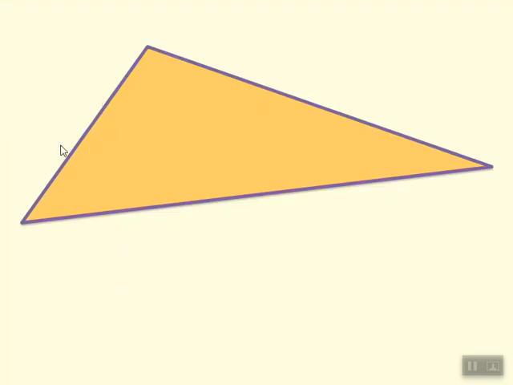Let's say, for example, I want to work out how long this side here is in the triangle using the cosine rule. I need three pieces of information in order to work out this side.